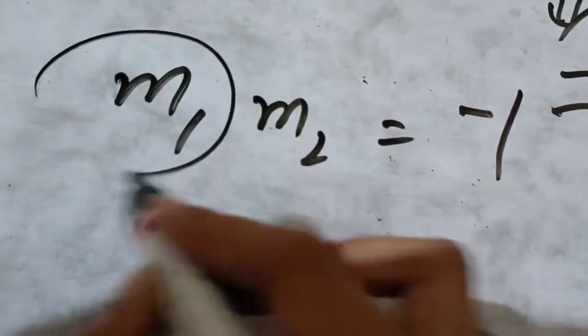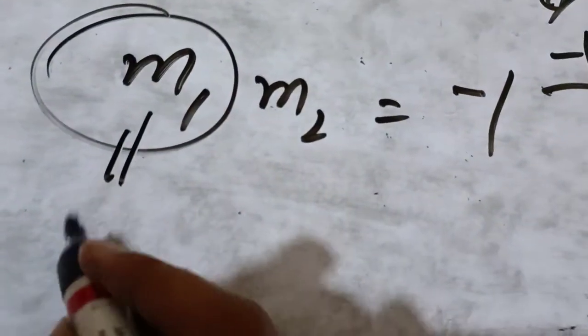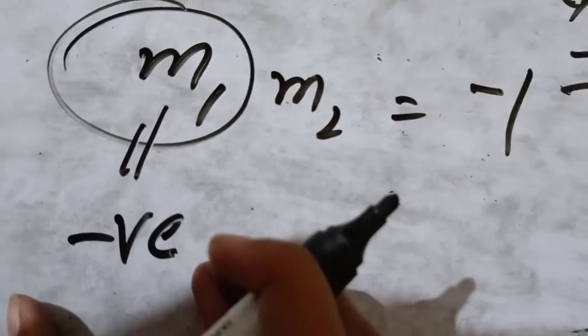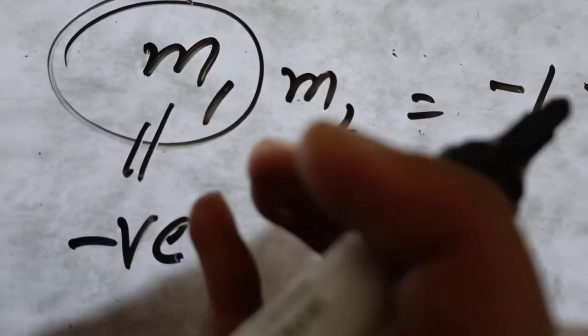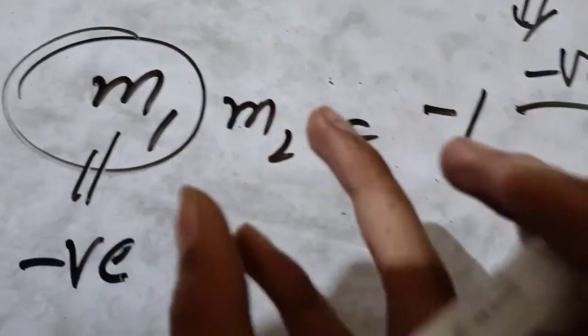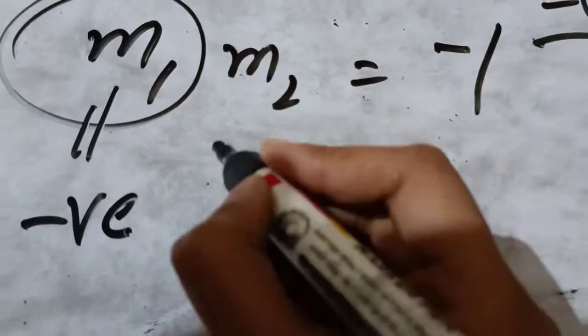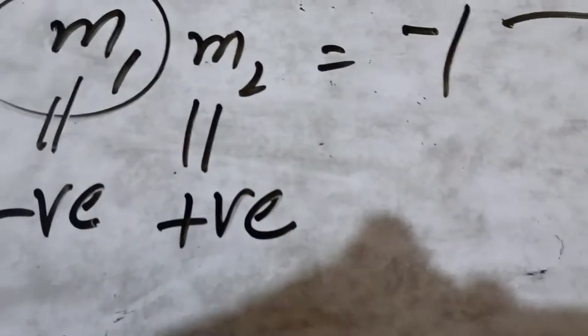Let's suppose this m1 has the negative slope, and this m2 has a slope. Obviously, if one has an obtuse angle, then the other has an acute angle, and that means it will have a positive slope.